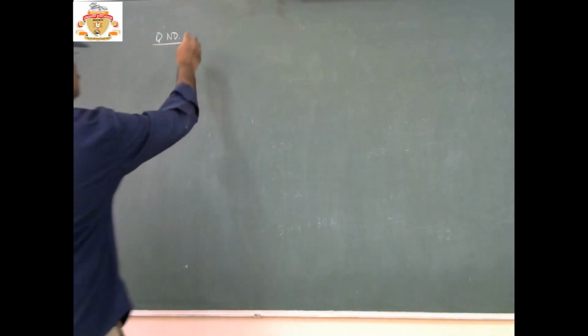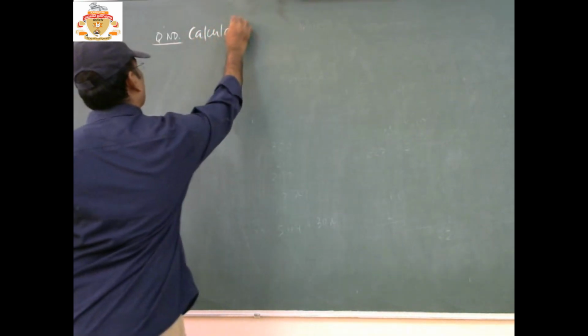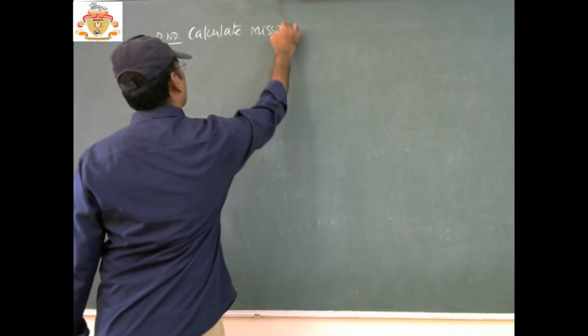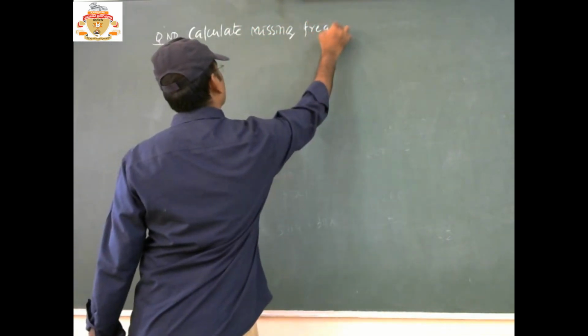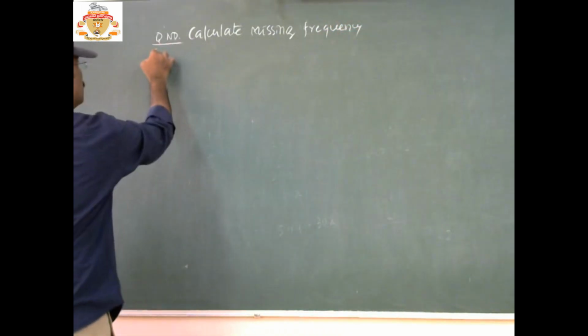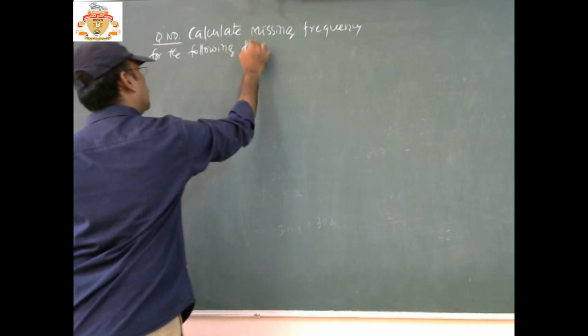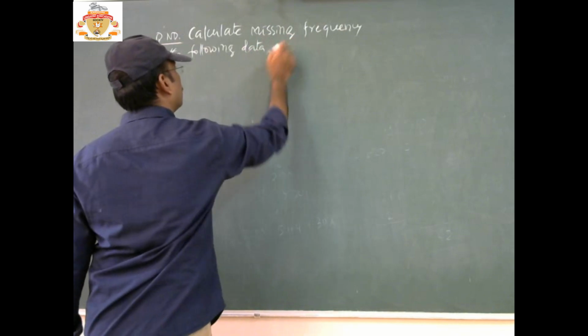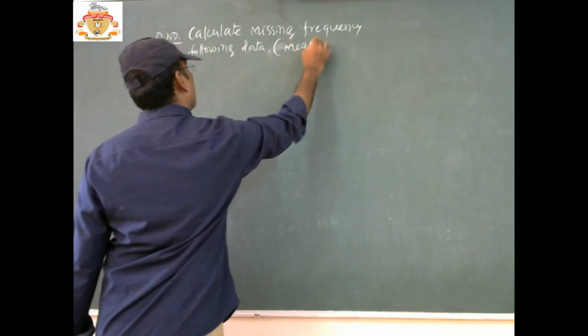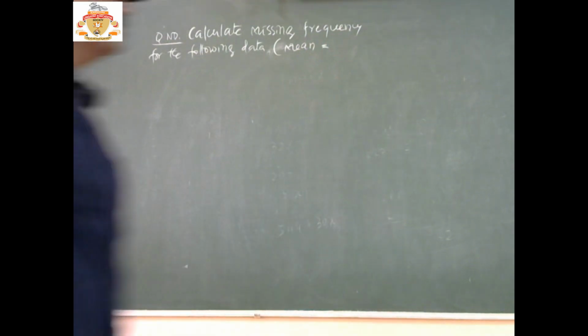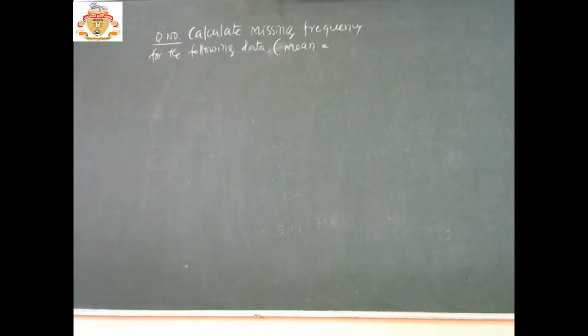Okay. Question number 12 is like this. Calculate the missing frequency for the following data, in bracket, mean equal to, I will tell you the mean is 17.5, right?